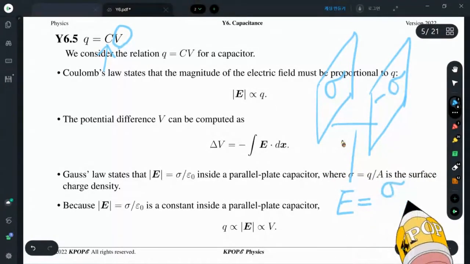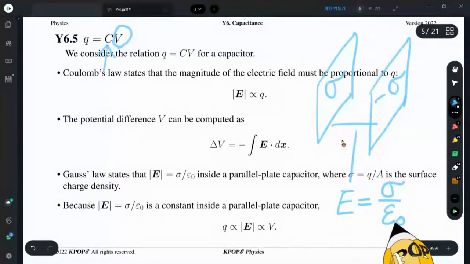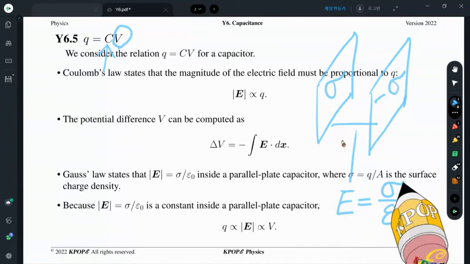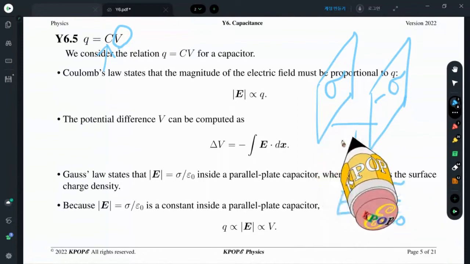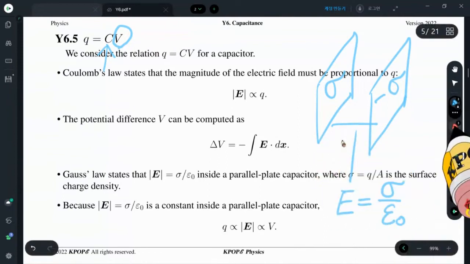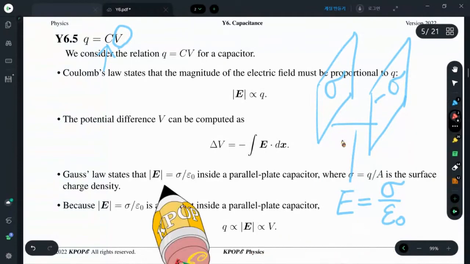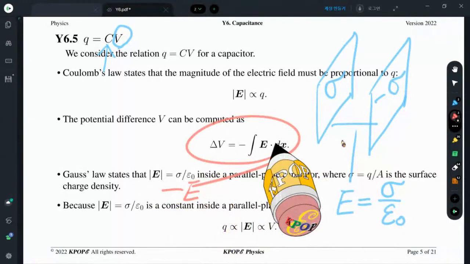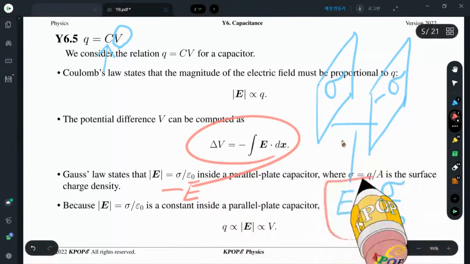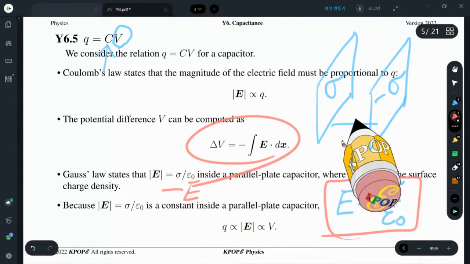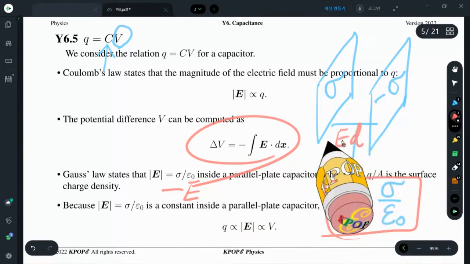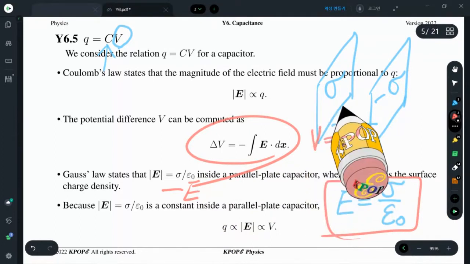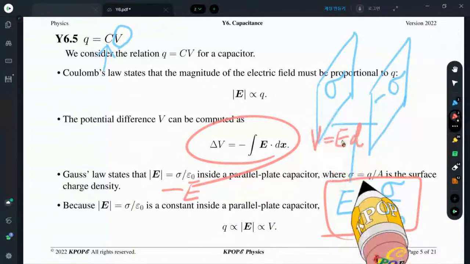What's that? Sigma over epsilon 0. And the electric field is constant between the two plates. So what is the potential difference between them? Minus the integral of E. And actually, in the case of constant electric field, E times d is the potential difference between the two plates.